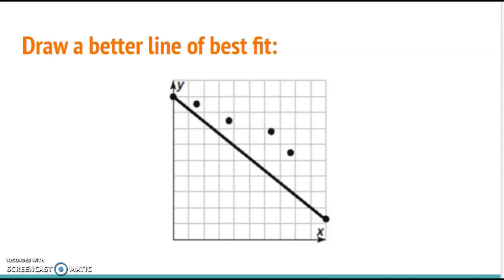Okay, so typically I would have you create a better line of best fit, but I want you to think about what would be a better line of best fit for this data. Notice we have data points here, here, and think about the mistake they made when they were doing their line of best fit. If I'm looking at it, they connected the first point and the last point.